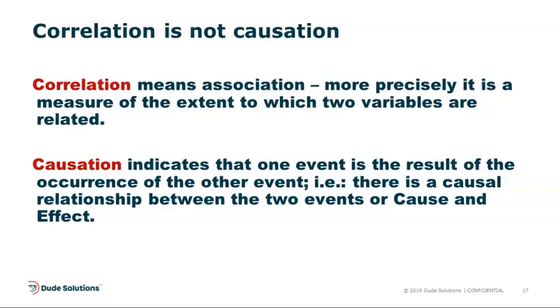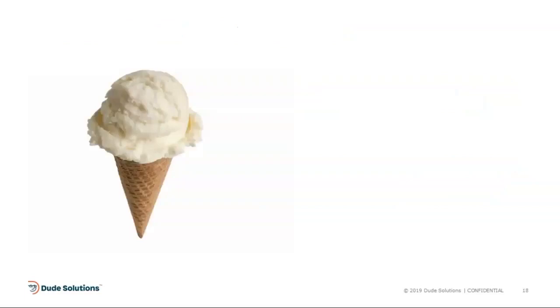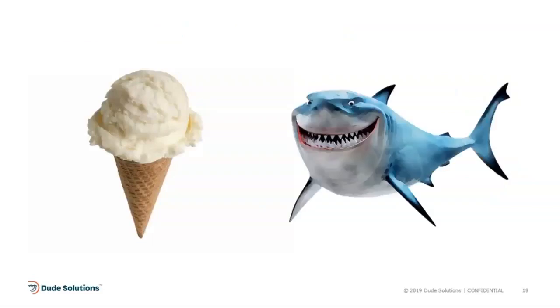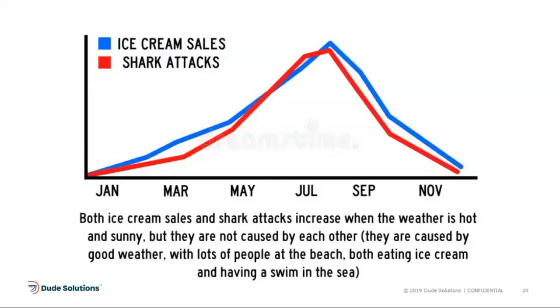One example that we have is ice cream. When ice cream sales go up in the summer, so do shark attacks. Does that mean that ice cream is causing shark attacks, or that shark attacks are causing sales to go up? No, they both just increase when the weather's hot. So that's an example of a correlation, but one is not causing the other.